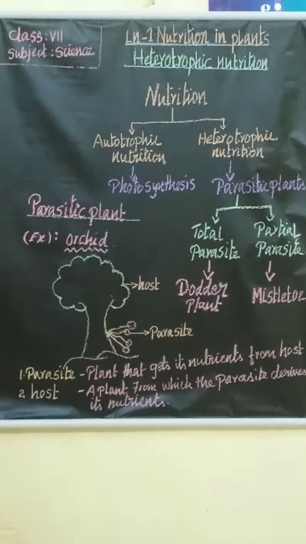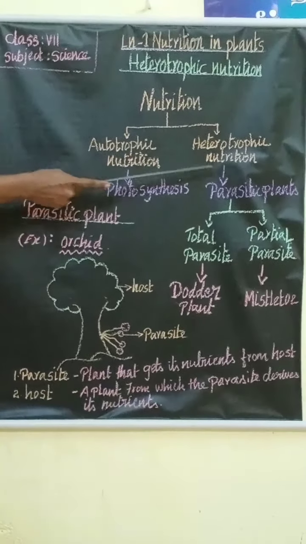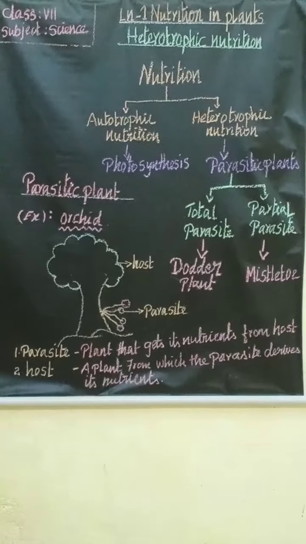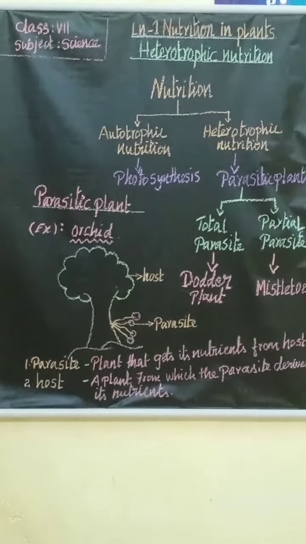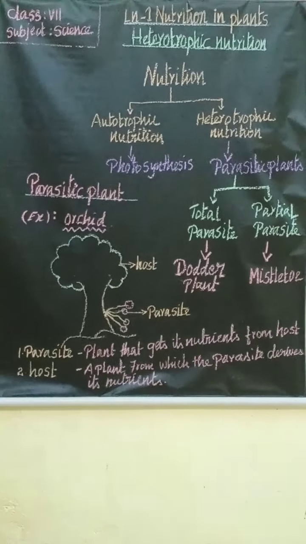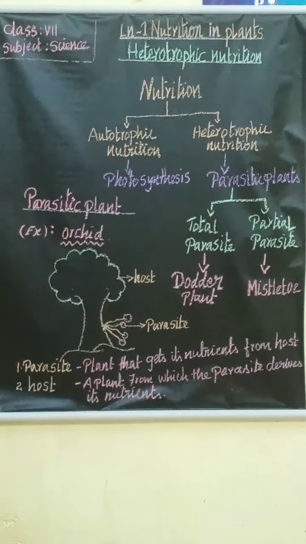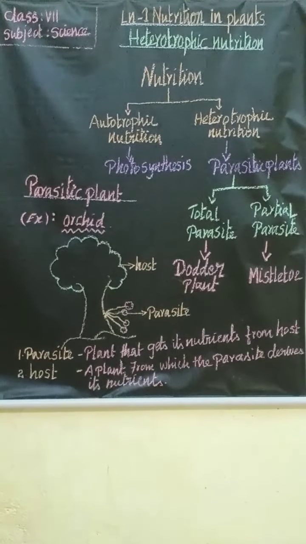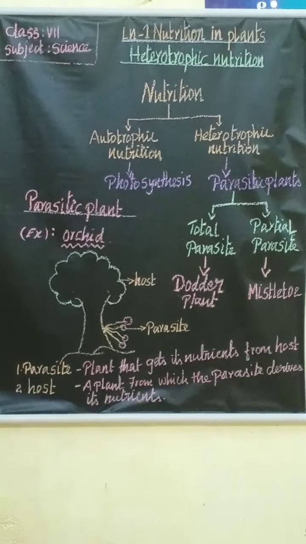So, these types of plants are called heterotrophs. Most living organisms, animals, birds and some other living things are called heterotrophs. One or two plants are also heterotrophs. They need to get food from other living organisms.